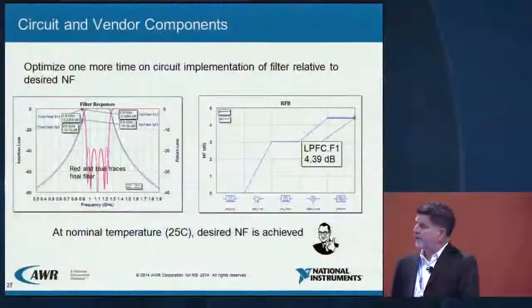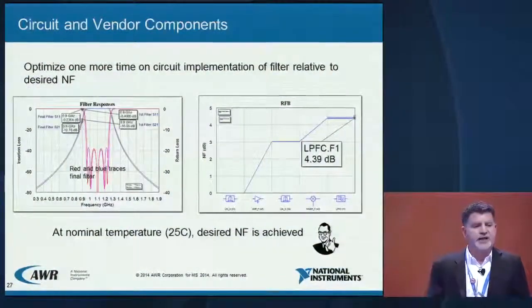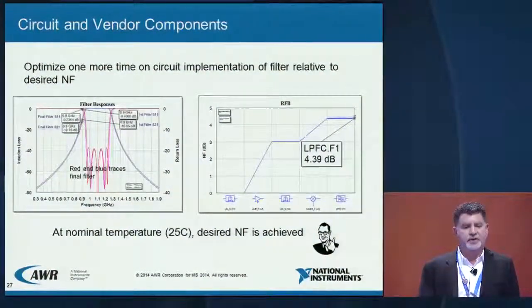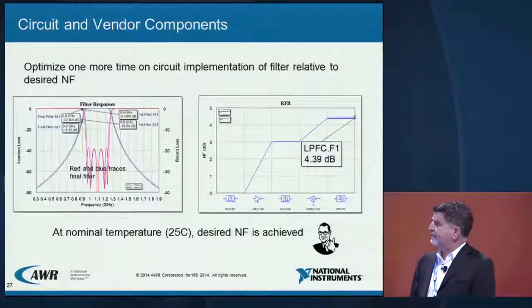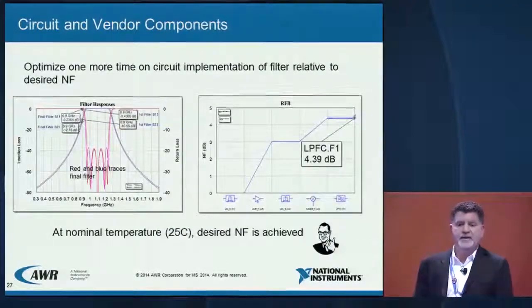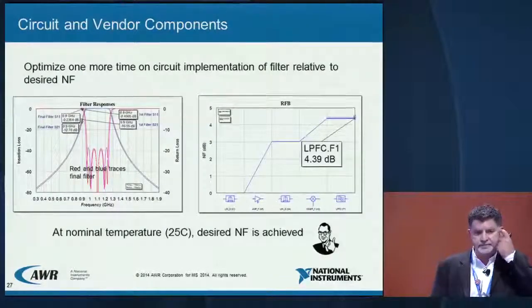So what are we going to do? We're going to go back to that filter and further optimize on the skirts to reject slightly more noise at the image frequency. So I have my optimization goal here, and at my nominal temperature of 25 degrees C, I can get 4.39 dB of noise figure.